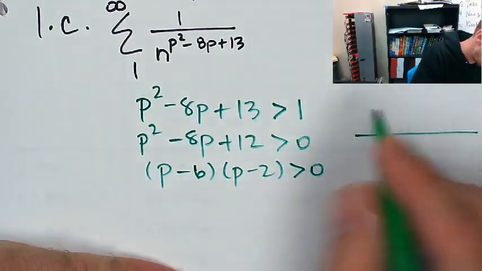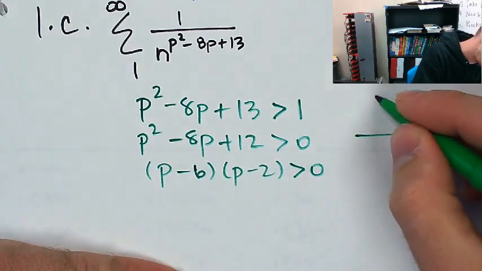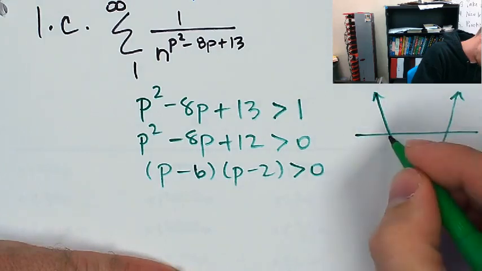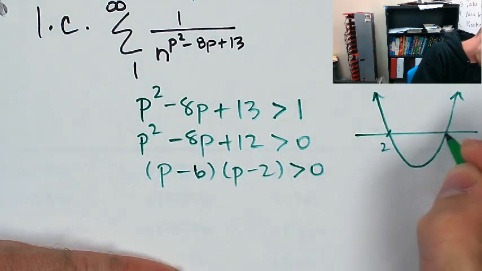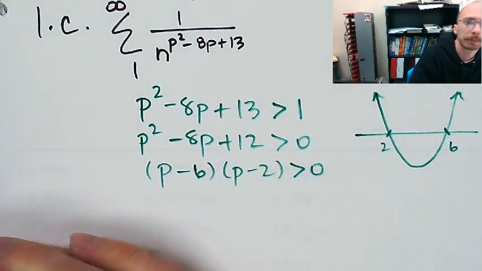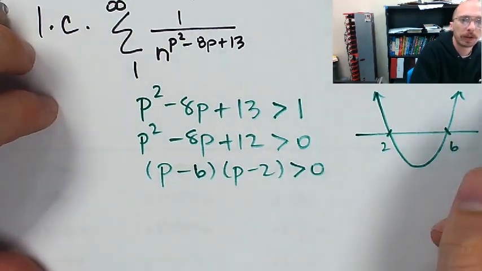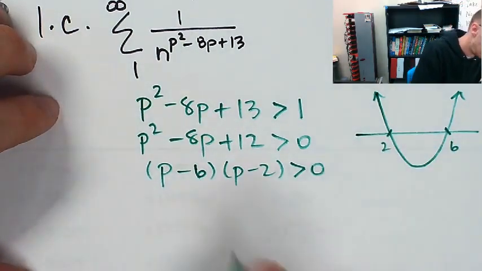I'm going to make a sketch. Okay, we know it's a parabola that opens up, and it's going to have zeros at 2 and at 6. Okay, so if I want to know where it's positive, I'm going to need p greater than 6 or p less than 2.